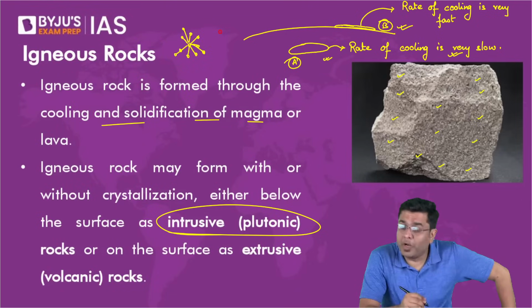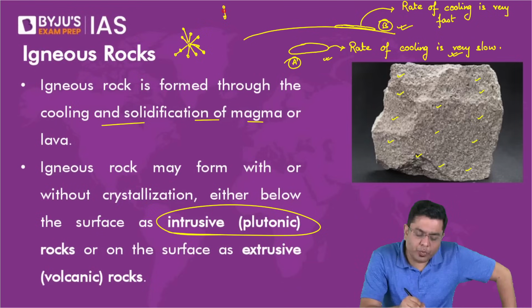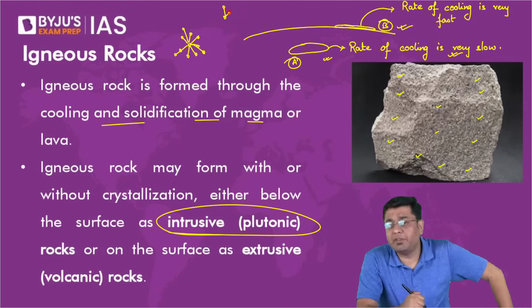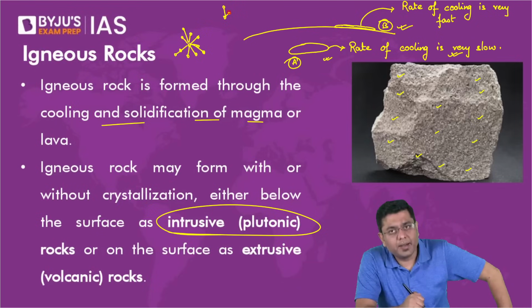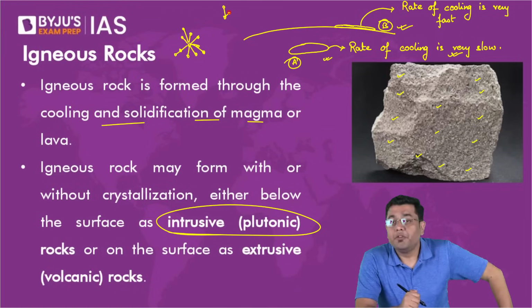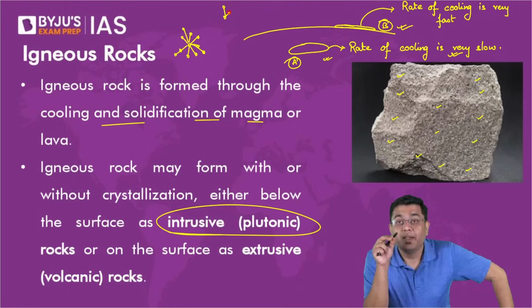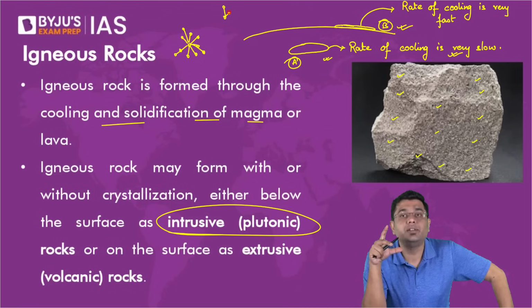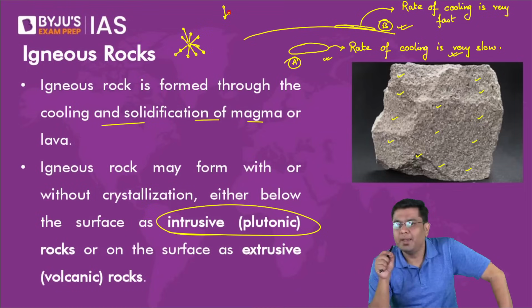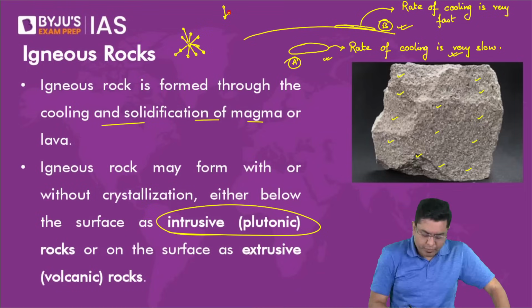Whereas if the rate of cooling is fast, maybe they will be attached with one particle or another, and that is it, and they will solidify. That is why when you observe the intrusive igneous rocks, their crystals are larger in size because they have cooled down very slowly. So each particle has grown larger while solidifying. Whereas in the case of the extrusive, because they have cooled down suddenly, the particle size is much smaller.